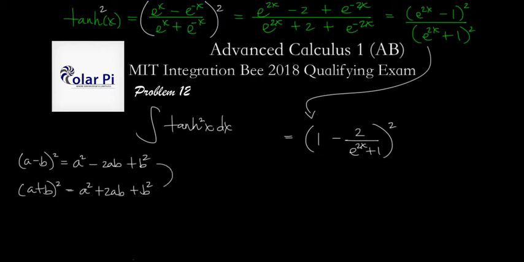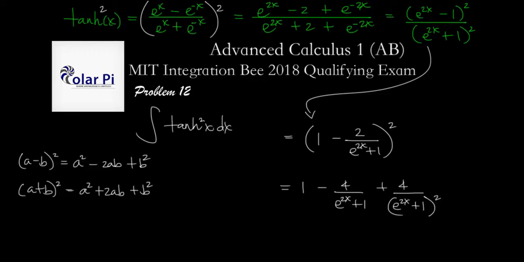These are both called binomial squares. Anyway, I have videos dedicated to these, so you can check them out. But using this one, we can write this here as 1 minus 4 divided by e to the 2x plus 1, and then plus 4 divided by e to the 2x plus 1, all squared, right? Okay, cool.